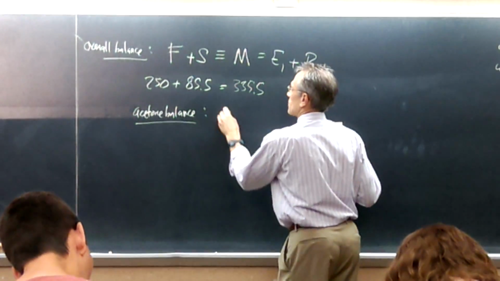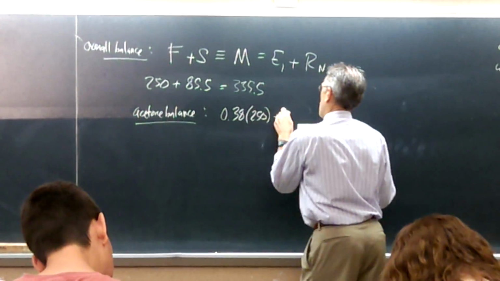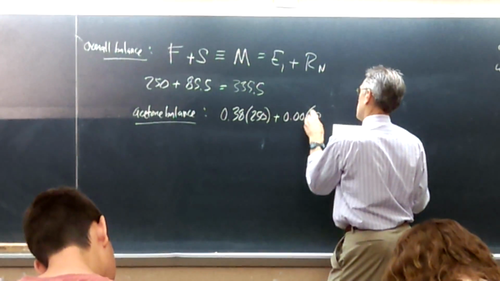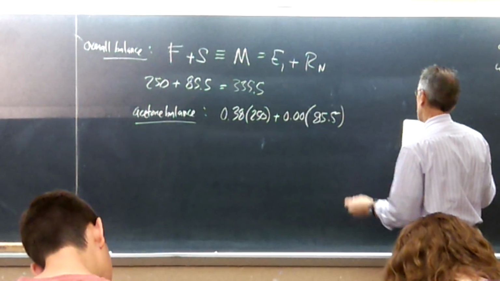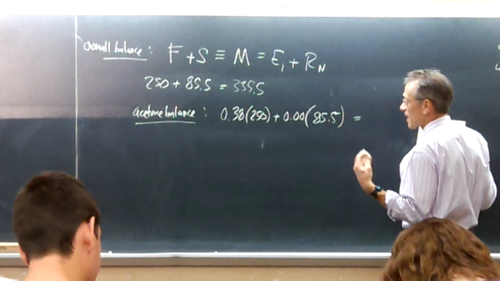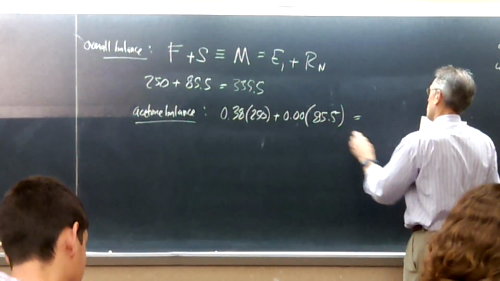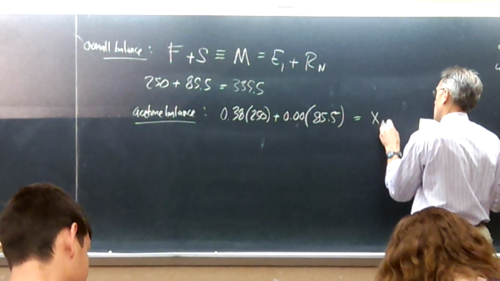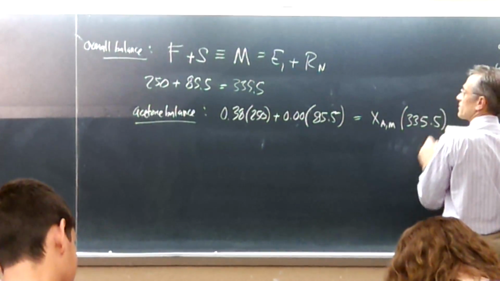All right, so we have 38% acetone in my feed. We don't have any in the solvent. But you notice if we did have some in the solvent, that's not a problem. And when you recycle your solvent, you distill and recycle, this number may not be 0. But you can easily plot it, so it doesn't present any difficulties.